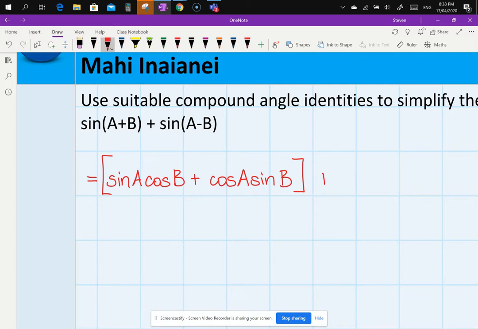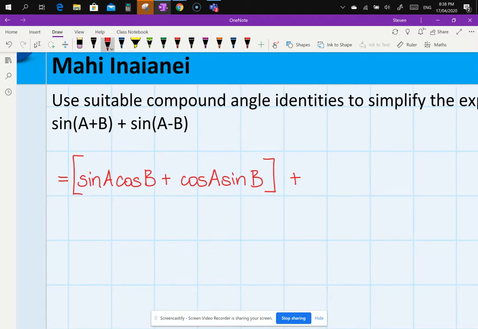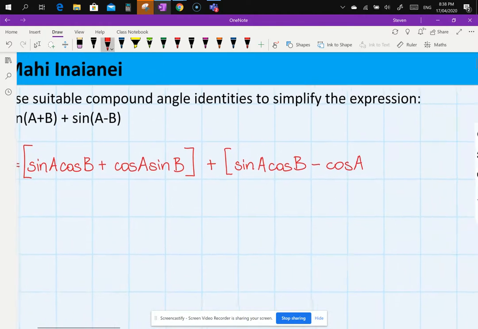And then we've got the compound angle for the difference of a and b. So sine of a minus b is exactly the same thing, except we're going to have a minus in between those two terms. So we've got sine of a cos b minus the cos of a sine b.